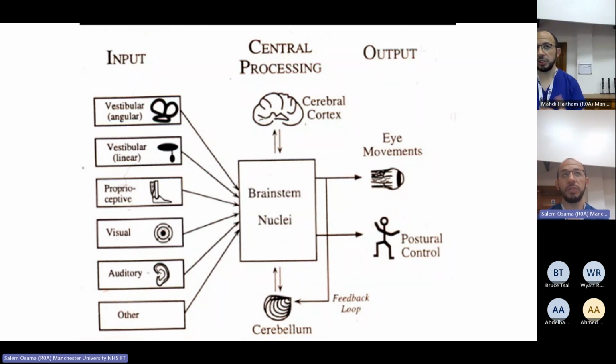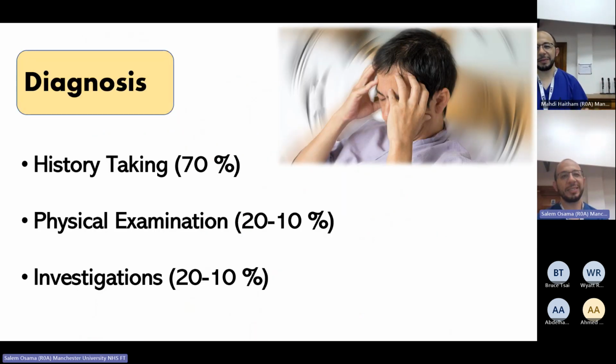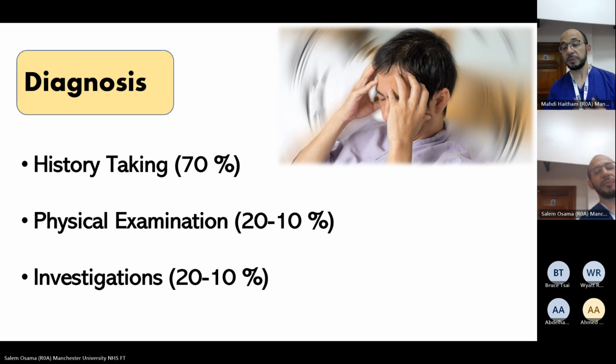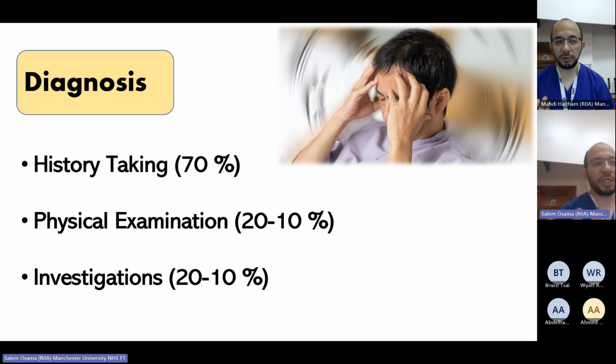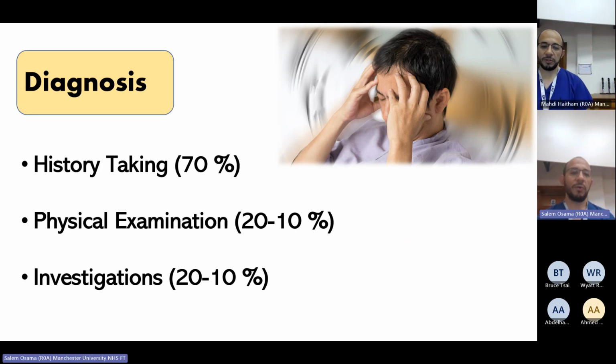The idea of this photo is just to give you an imagination of how it's not something simple, because we're dealing with different systems. That's why even for us as doctors, we start to feel dizzy when dealing with a patient presenting with dizziness, because we don't know from where we should start.